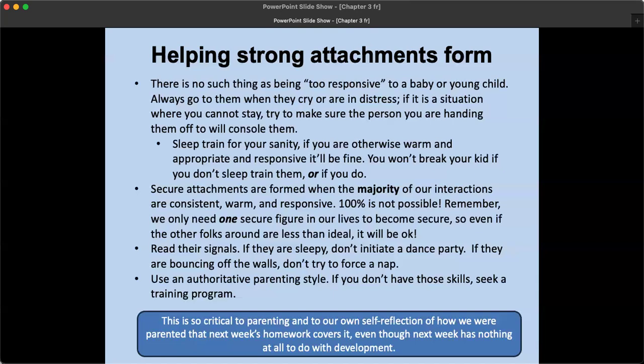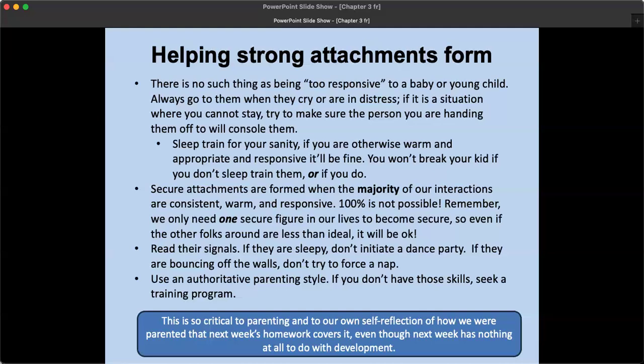If it's a situation where you can't stay, try to make sure that the person you're handing them off to will console them. So sleep training is a tricky one, right? Because when you sleep train a baby, you basically leave them to cry for a certain period of time. This is one of those situations where you have to balance your sanity with what is optimal for the brain health of your child.